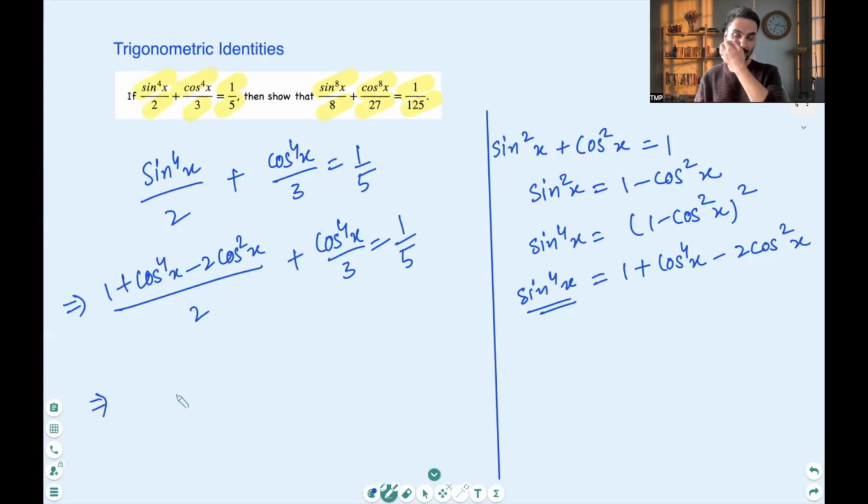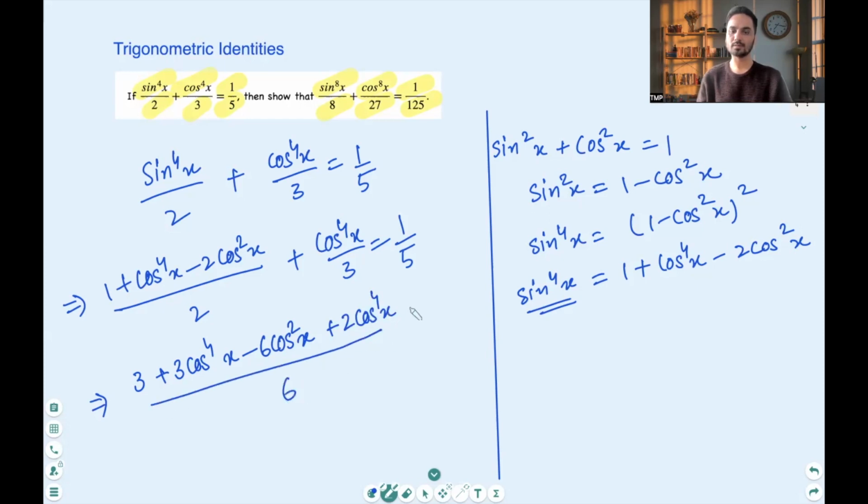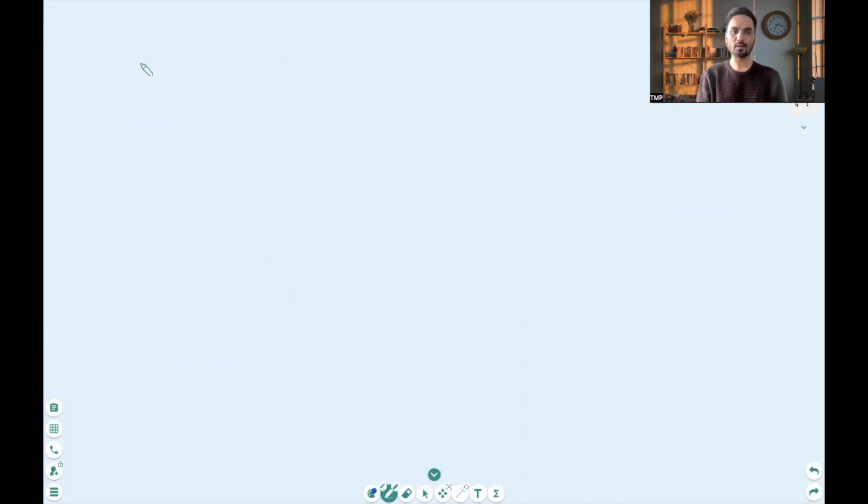And by taking LCM on the left hand side, you'll get (3 + 3cos⁴x − 6cos²x + 2cos⁴x)/6 = 1/5. Simplifying it further, we will get (5cos⁴x − 6cos²x + 3)/6 = 1/5.